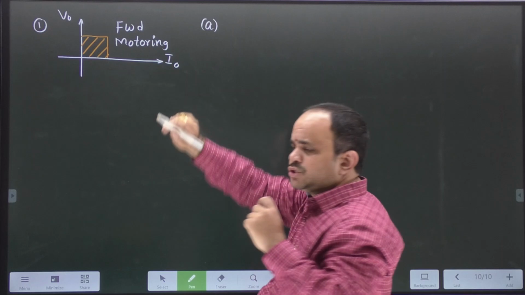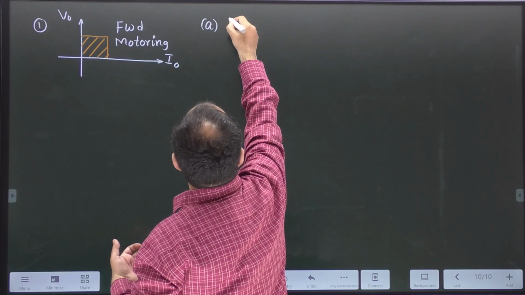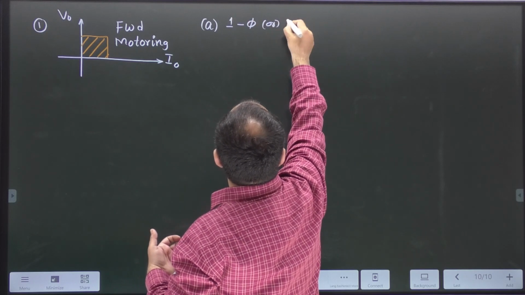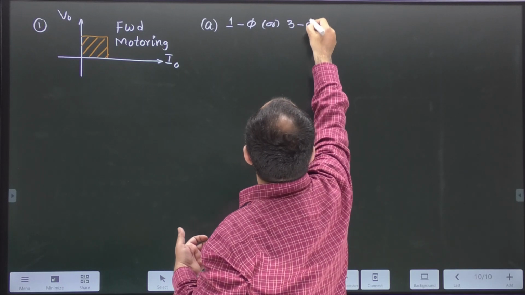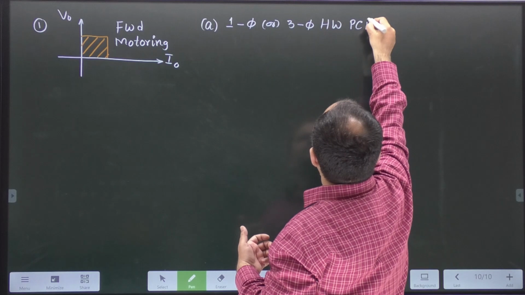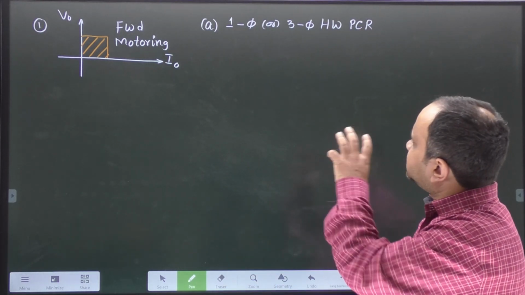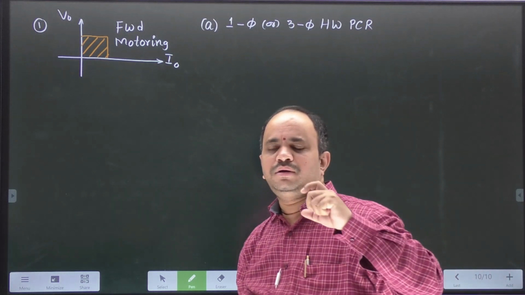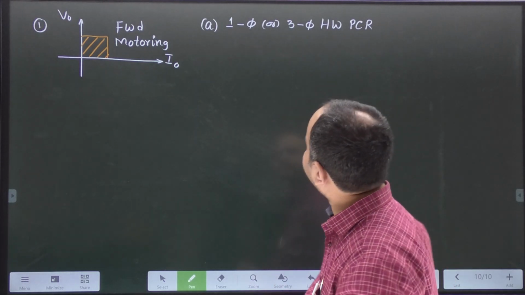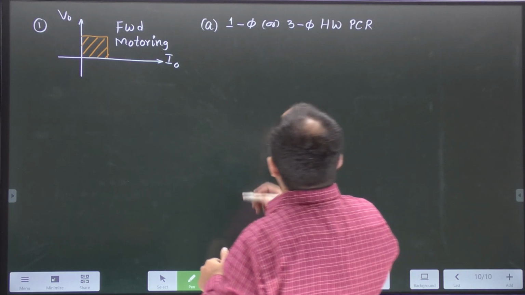If the source is AC source, then you can use either single phase or three phase half wave phase controlled rectifiers. So in most cases, these circuits are more a topic of discussion in the armature side rather than the field side. Okay.